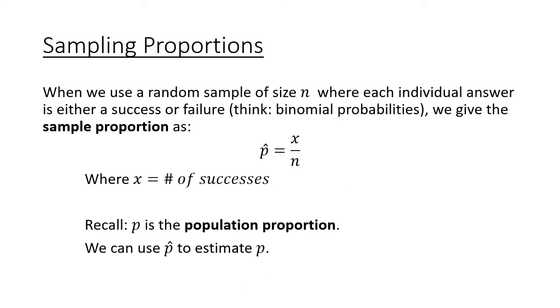So, sampling proportions. When I actually do a sample proportion, when we ask a question, we have a sample size of n, and each individual is going to either answer yes or no, a success or a failure. Again, this is a binomial type probability, and so our sample proportion, which we say as p hat, because see, p with the little hat on there.